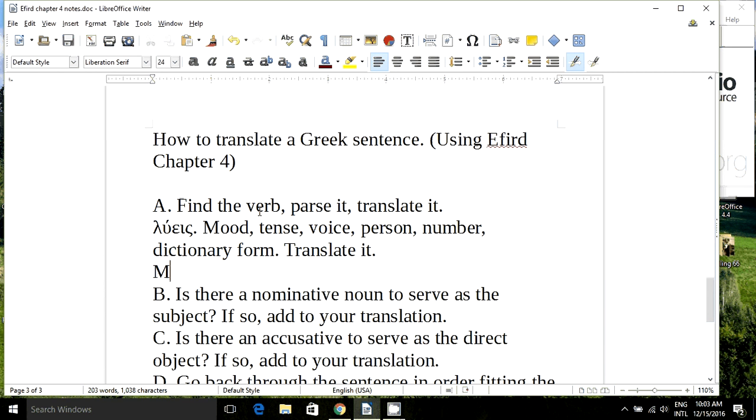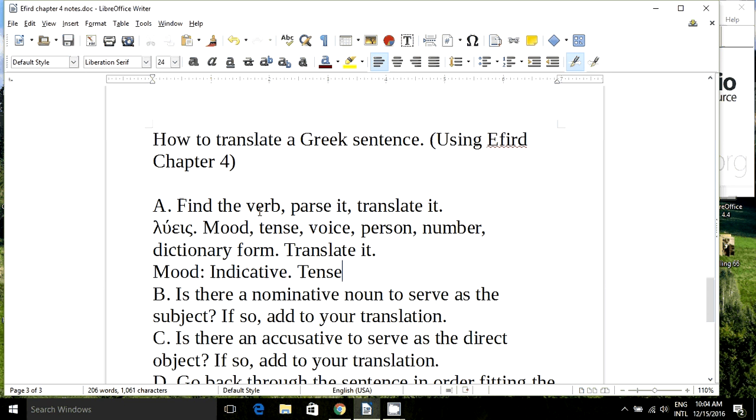So what's the mood of lies? It's indicative. That's all we've learned so far. We've learned the indicative present and the indicative imperfect. So we're not going to worry about what mood means right now. Just know it's indicative.